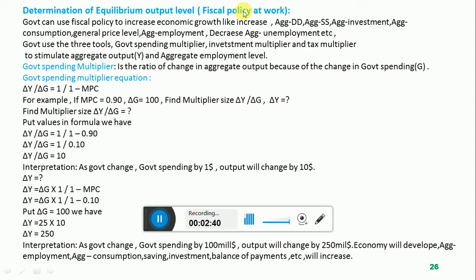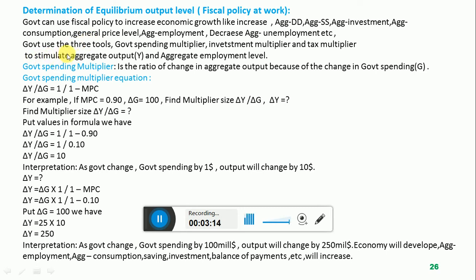Further we will study how government can change the aggregate output using the multiplier processes, using fiscal policy. The government can use three tools: government spending multiplier, investment multiplier and tax multiplier to stimulate.